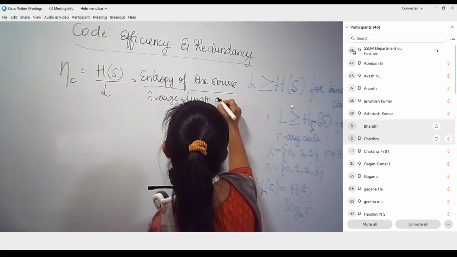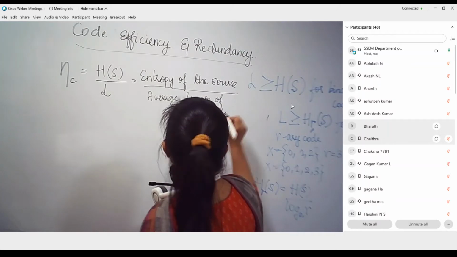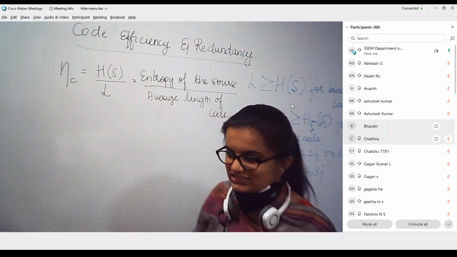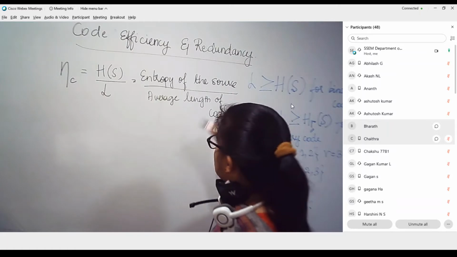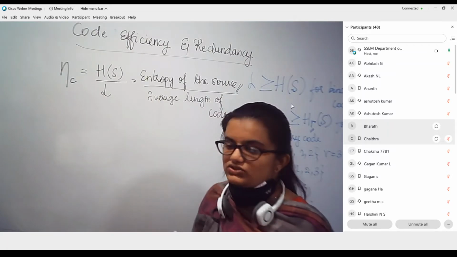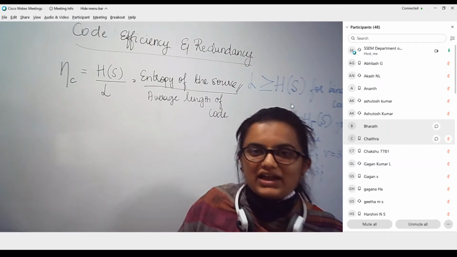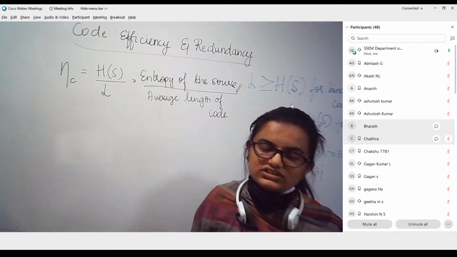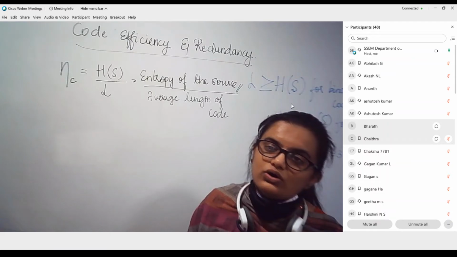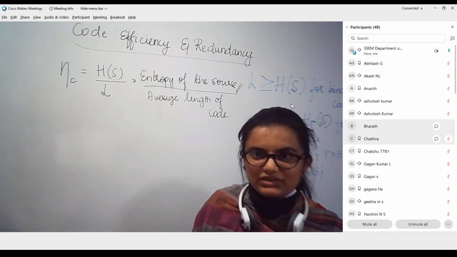Average length of the code. So why do we have to take this ratio? Let us see here. Please try to understand. The entropy of the source is always evaluated keeping in mind that the given source is a memoryless, independent source.